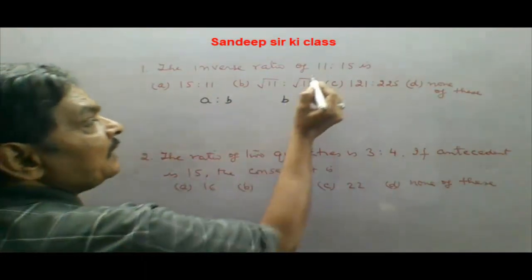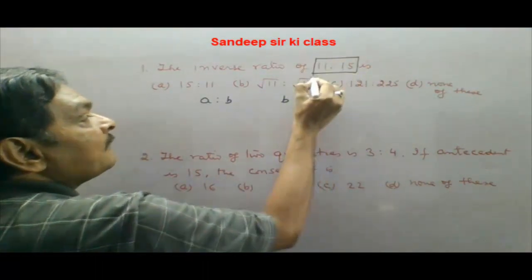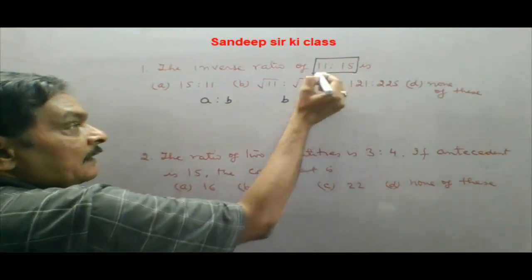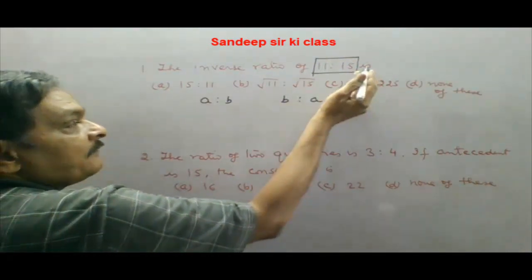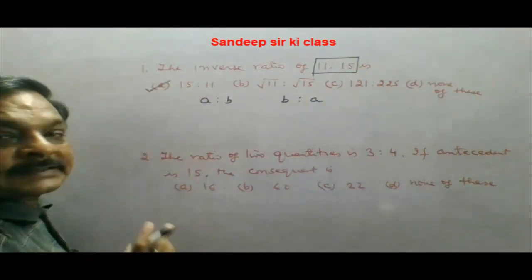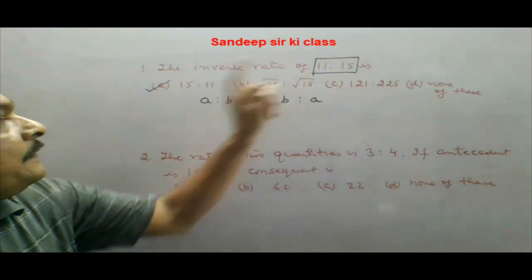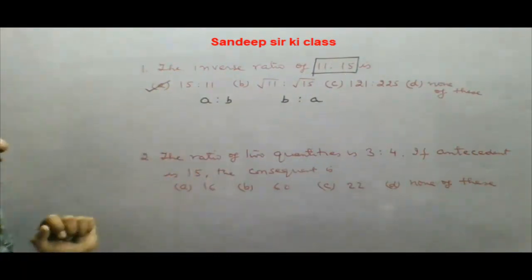With this, if we are to find the inverse ratio of 11 is to 15, 15 will come first and 11 will come later. So with this, option A is correct. The inverse ratio of 11 is to 15 is 15 is to 11.